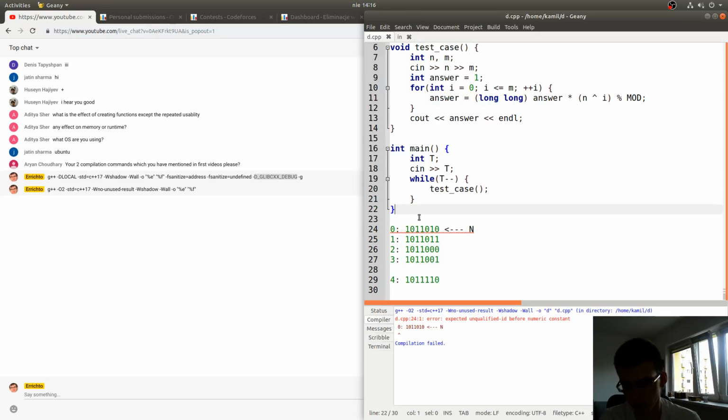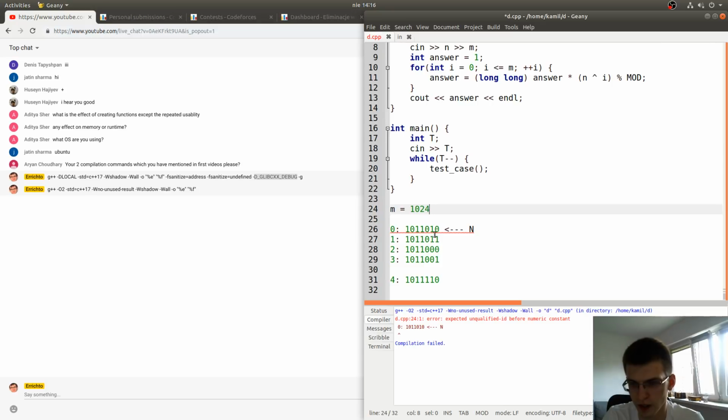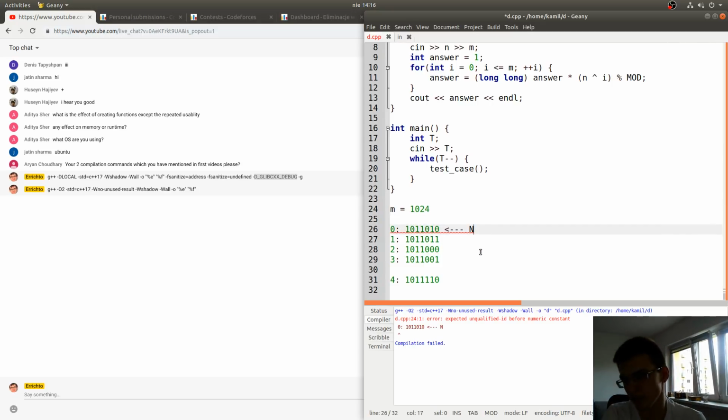And for example, if m would be equal to 2 to the power 10, so 1024, then when we read n, we can skip the last 10 bits, they don't matter, and we are just interested in the answer for the first 20 bits.